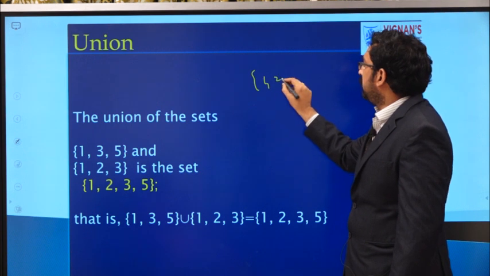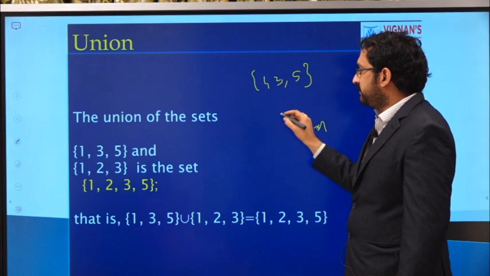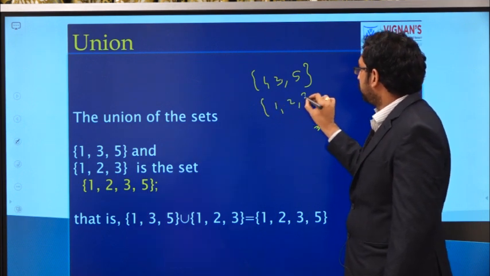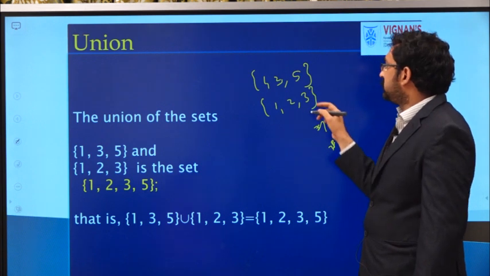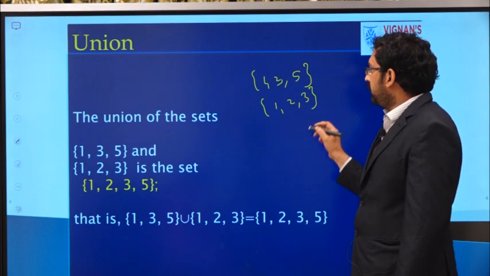One set contains 1, 3, 5 as its members. The second set is {1, 2, 3}. We have to find the union.